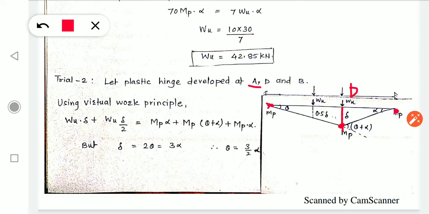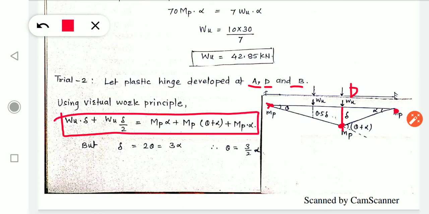So I am taking plastic hinges developed at positions A, D and B. By using the virtual work principle, I wrote the equation as Wu into 0.5 deflection, which I wrote over here, and this W into total deflection delta equals MP into theta, MP into theta plus alpha, MP into alpha.